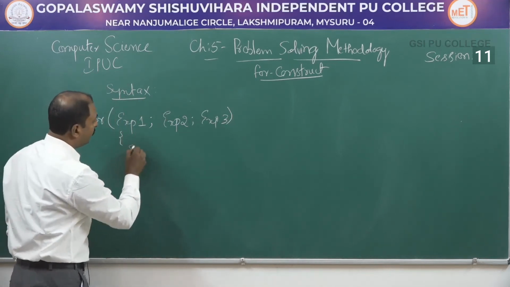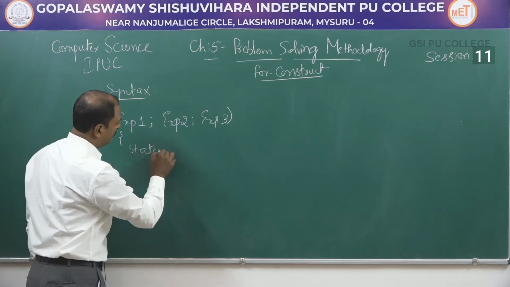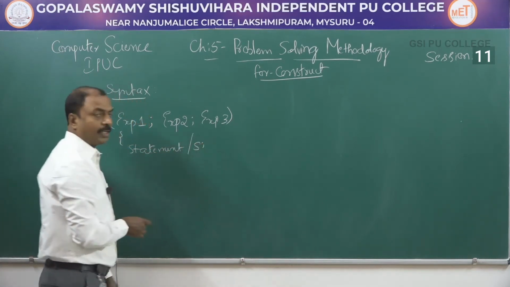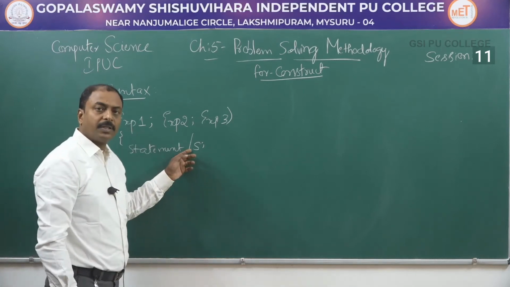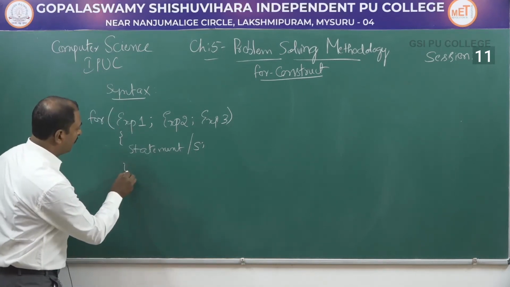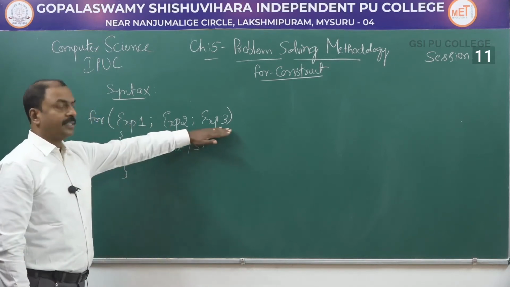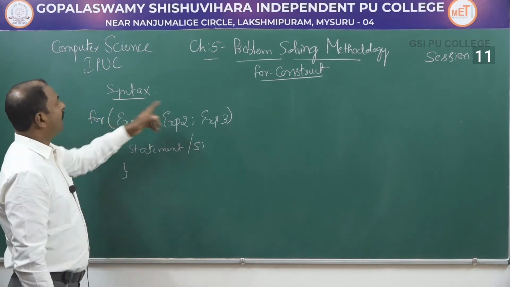Here we can have a statement or statements. You can have more than one statement here. Then I am closing this bracket. So this is the general syntax of the for construct.